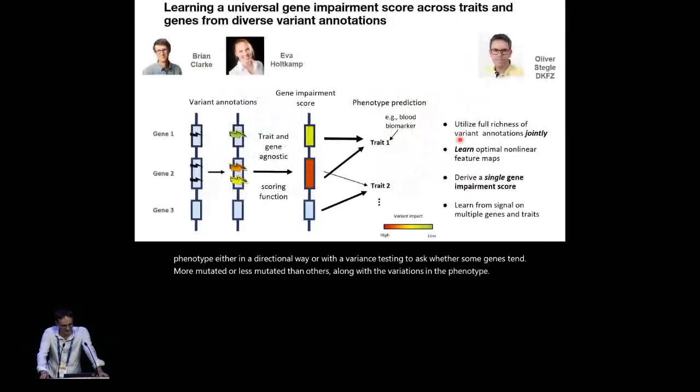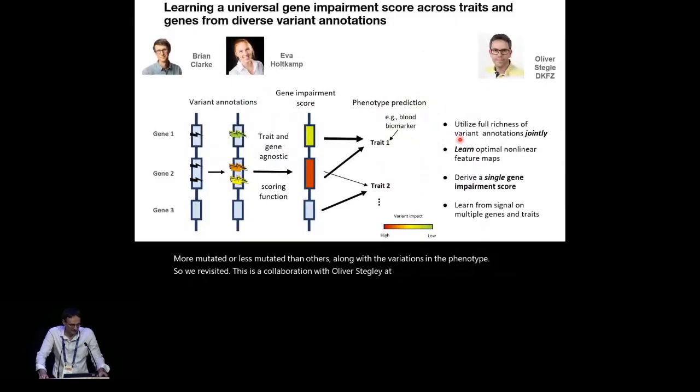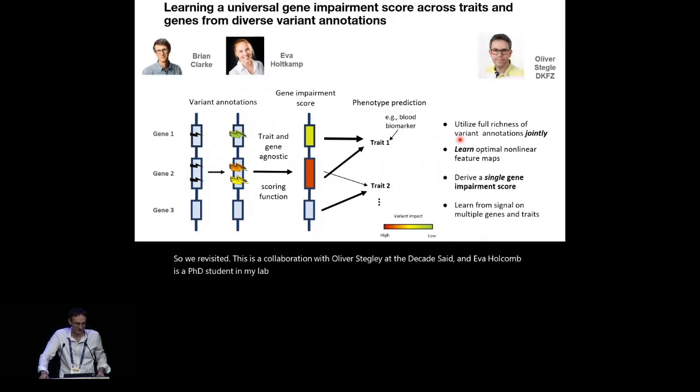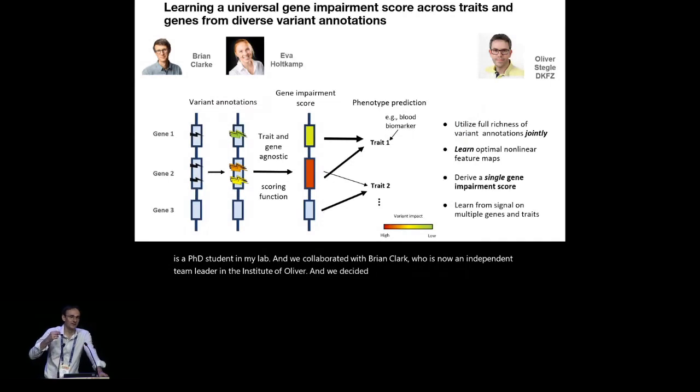So we revisited this. This is a collaboration with Oliver Stegle at the DKFZ and Eva Holtkamp, who is a PhD student in my lab, and we collaborated with Brian Clark, who is now an independent team leader in Oliver's institute. And we decided to use deep learning to have a more data-driven way to train how we compute those burden scores, so these gene impairment scores that we give for every individual as a function of variants.